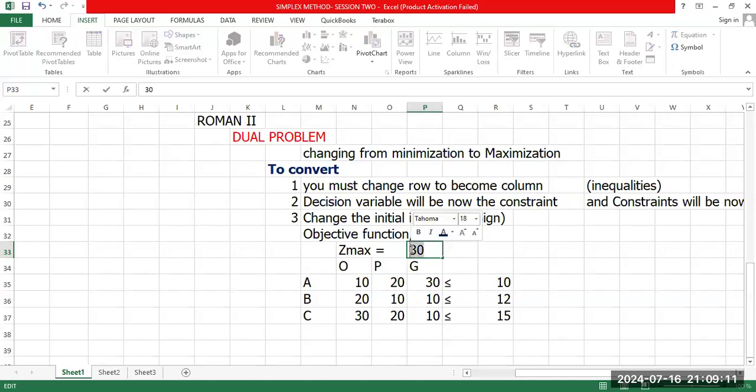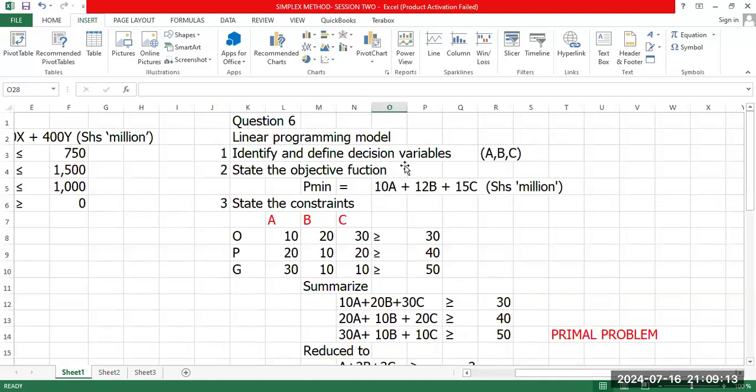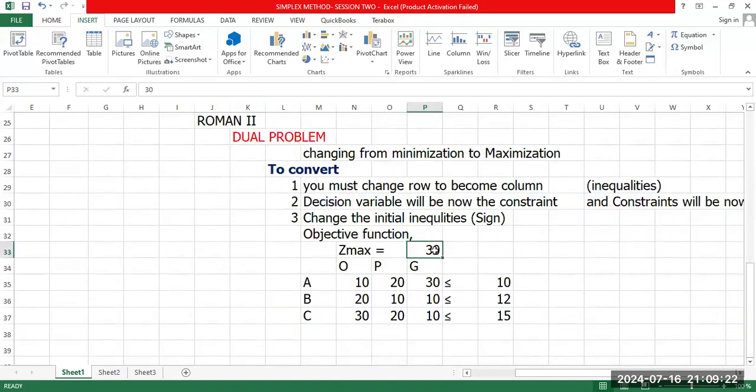This 30 was corresponding to O, so this is 30 O. Then you add the next one, 40 P. Then plus, next, 50. And this is your objective function.